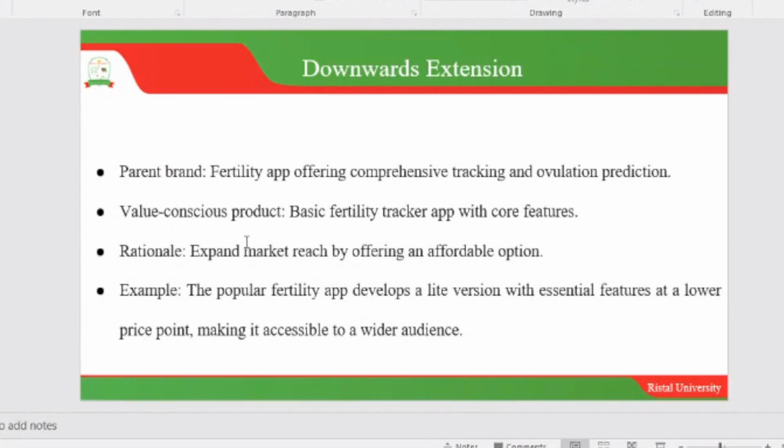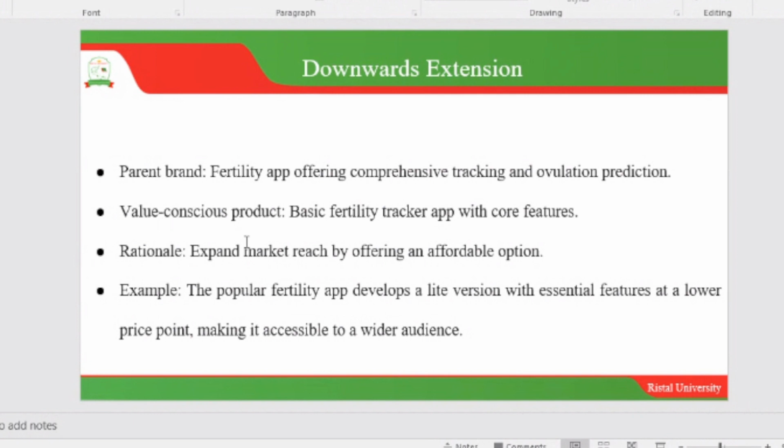So they may not necessarily have to use the main app, but you can offer them a basic tracker. So that is a downward extension. So the rationale is that you expand your market and reach an affordable option.